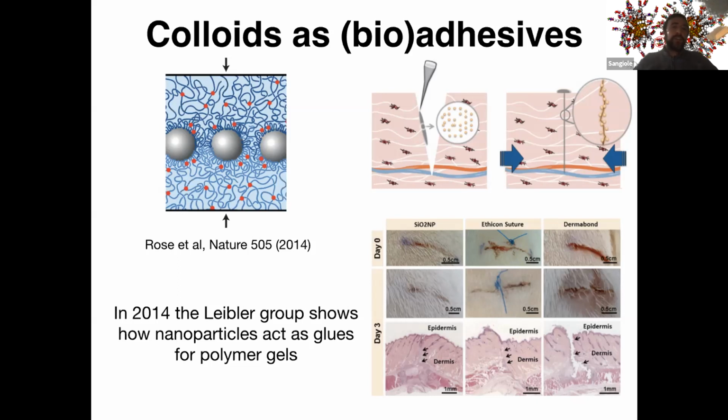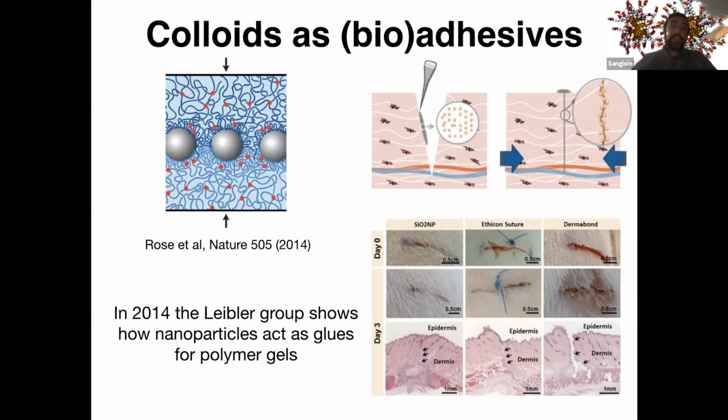In general, biogels are quite repelling, and it's very difficult, especially to glue two different biogels together. Mostly because of the type of interaction that biogels, which at the end are hydrogels, so water-swollen gels, have between each other. Nevertheless, it was shown that nanoparticles, in particular silica nanoparticles, can be used in order to bind biogels together.